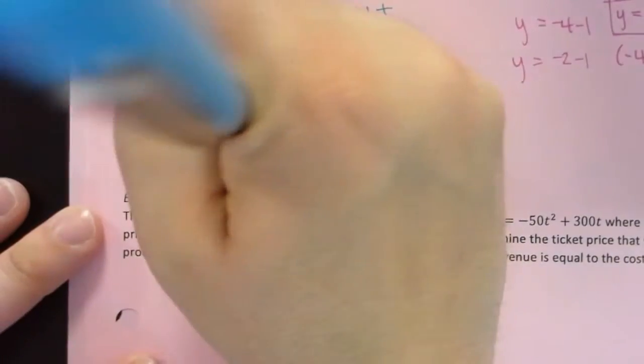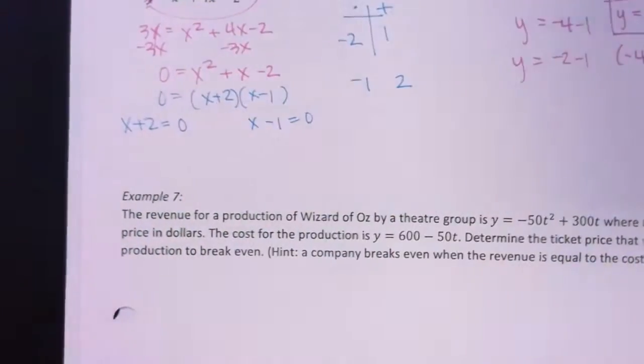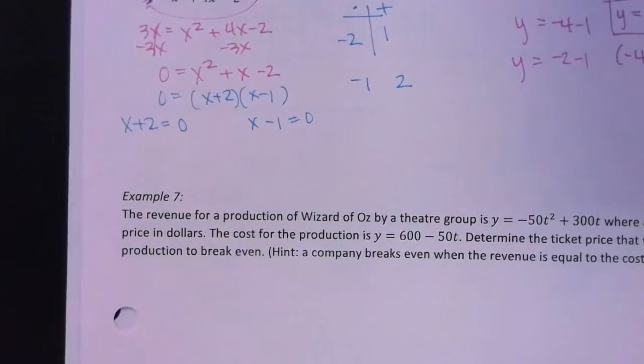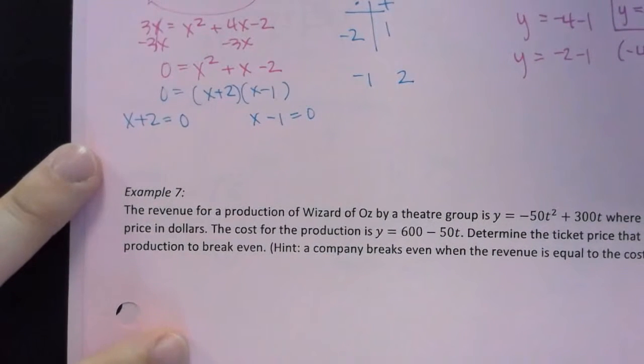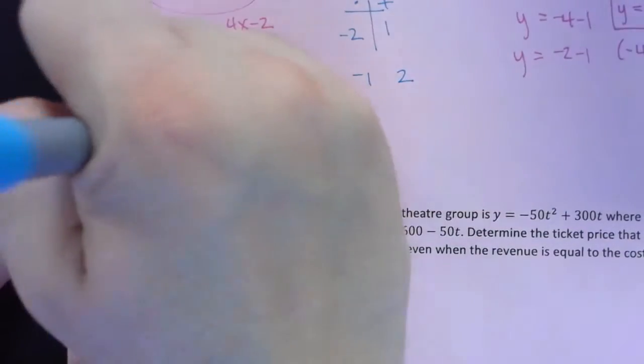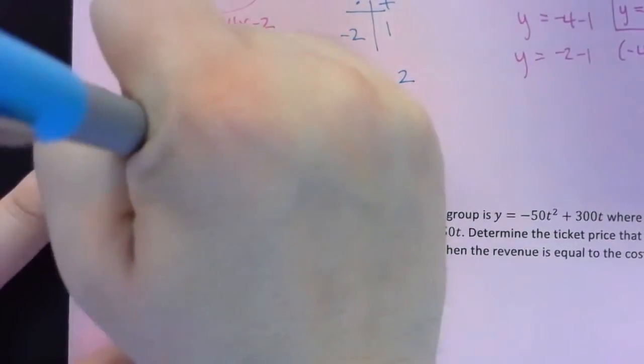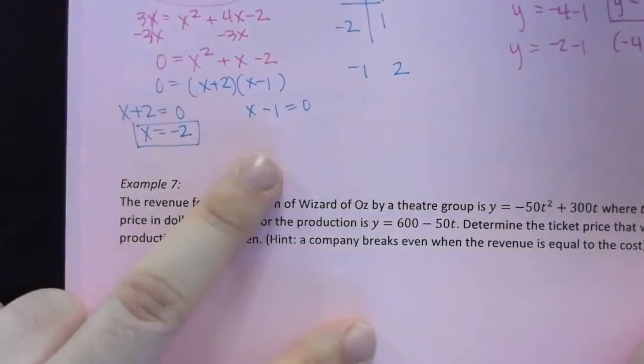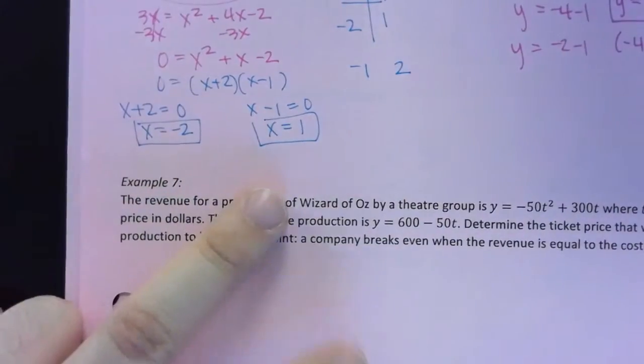I hope this silence means I'm so done, not I have no clue what you're saying. That's what we're hoping for. On this one, x would equal what? X equals negative 2. On this one, x equals 1. Now what?